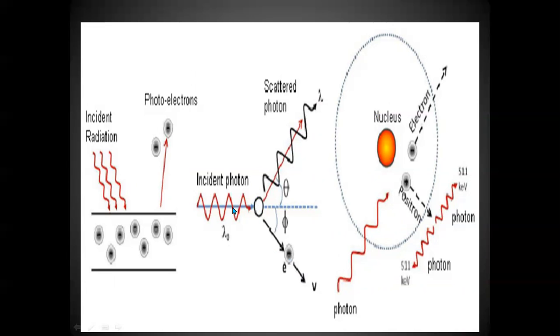Because this energy is utilized, this energy will be less than the incident one, and the incident energy will be equal to the sum of these two energies. The energy of a photon can be given as h nu only. To differentiate, this is given by h nu and this is given by h nu 0, and the kinetic energy of the electron is given by half mv square, or mc square.